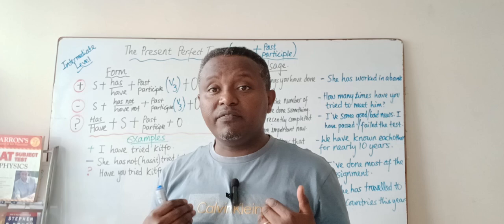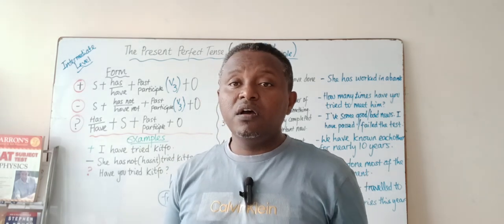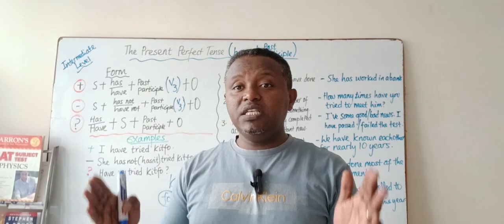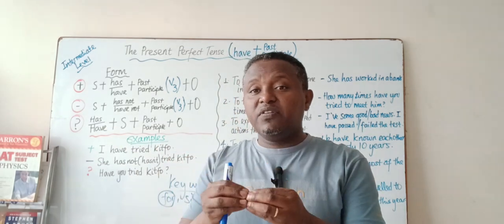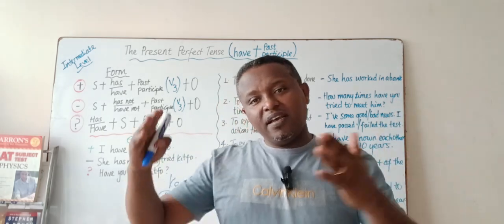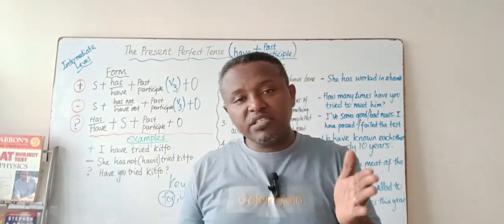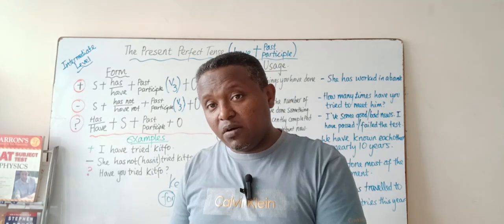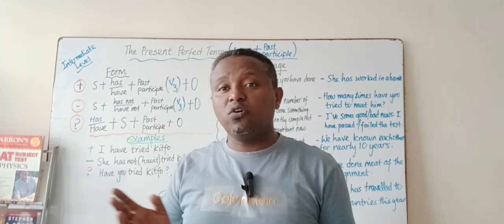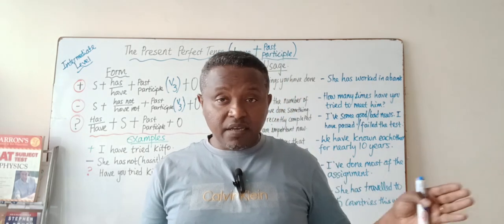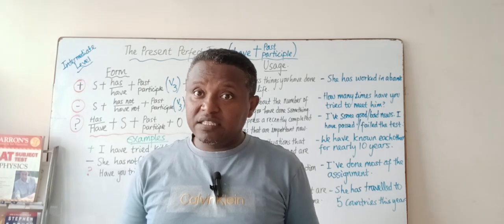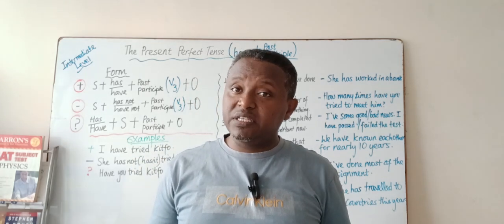So I can say I have taught English for 19 years, or I have taught English since 2005. So this tells us that the present perfect tense is used to talk about something that started in the past and has connection with now, or continued one way or the other until now. We're not sure whether that action continues into the future or not, but the action came a long way until now. So that is the present perfect tense.